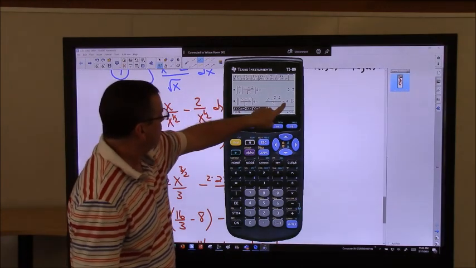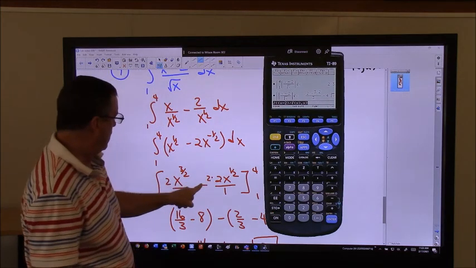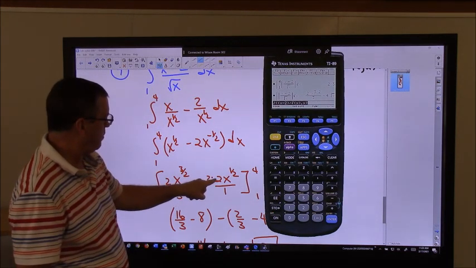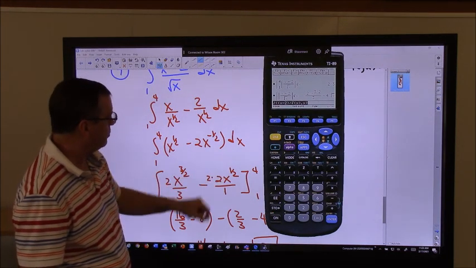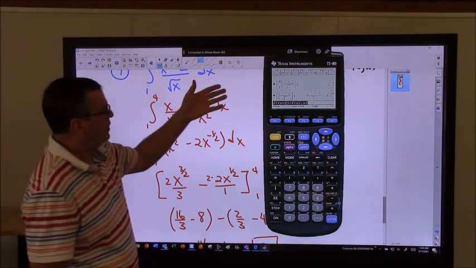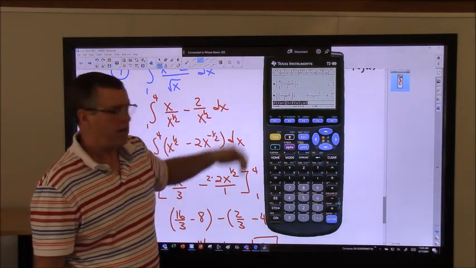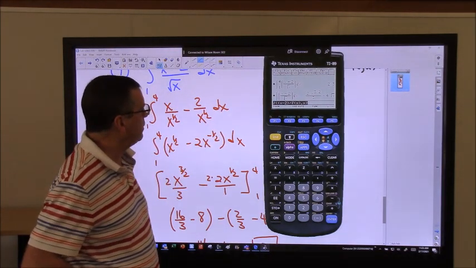And then minus 4 square root of x, that's what I have right here. Minus 4, when you multiply those, that exponent means square root. So we can do both indefinite and definite integrals on our calculator. We just use that integral symbol right there.